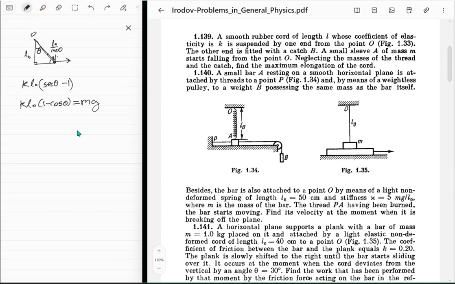And now let's use the work-energy theorem to get this guy's velocity. Now the thing is, this has gone this length, so L naught sine theta in the right direction, and because of that, B must have gone down, right? So there's velocity for B as well.